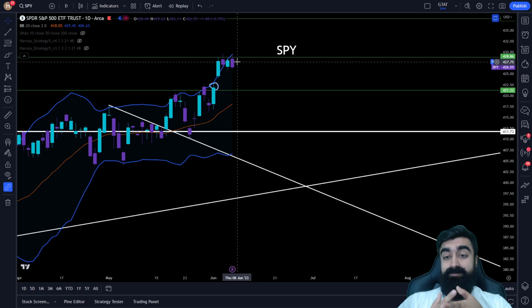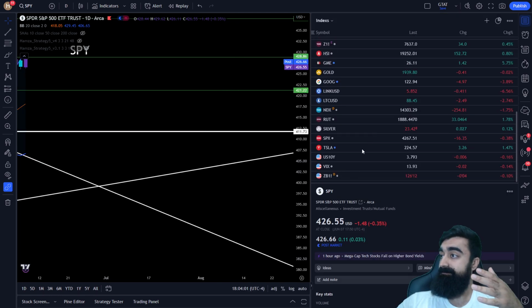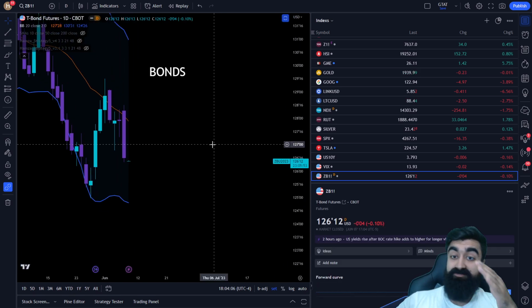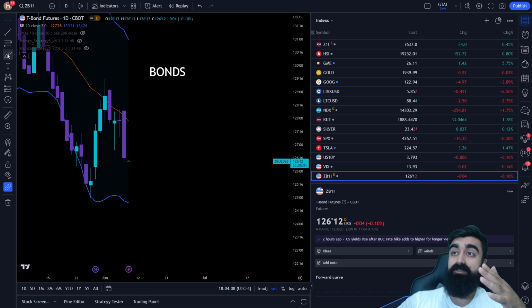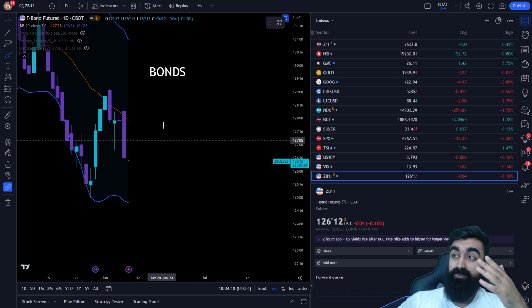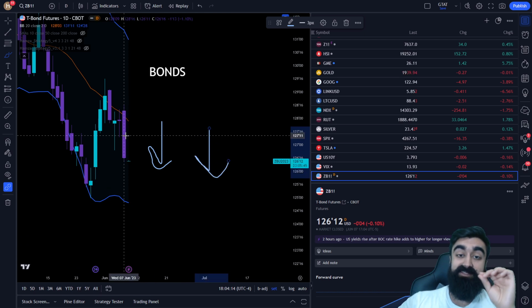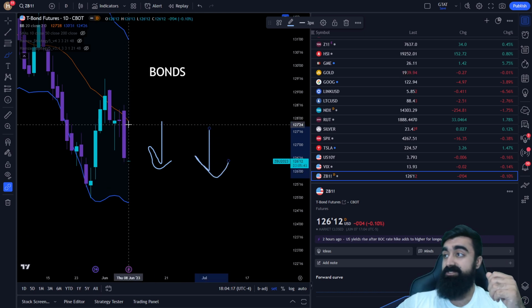We didn't go over that, but the bonds are falling. So the bonds have a correlated relationship with the market. If the bonds are showing weakness, then generally the stock market is also showing weakness, but it happens at a delay. So the bonds are showing a lot of weakness.